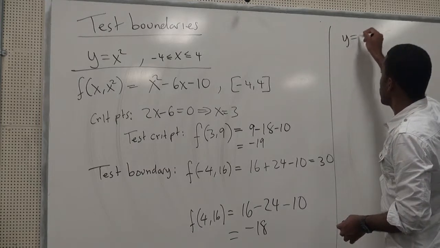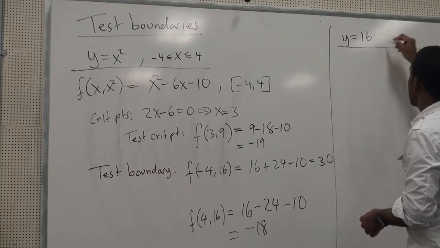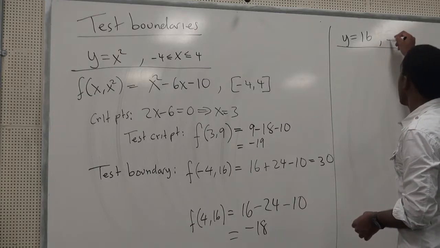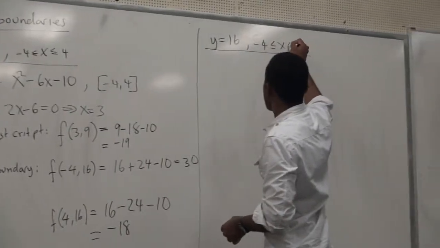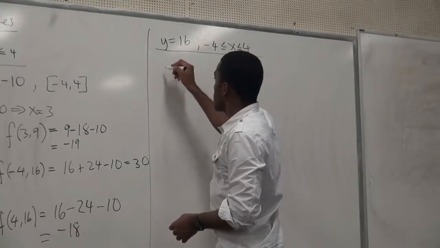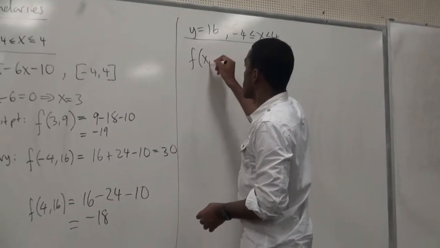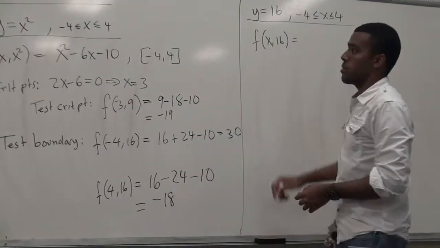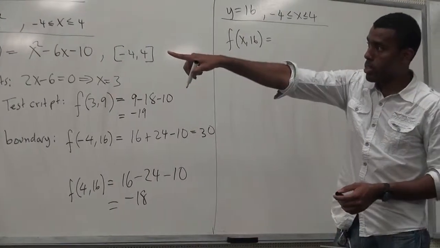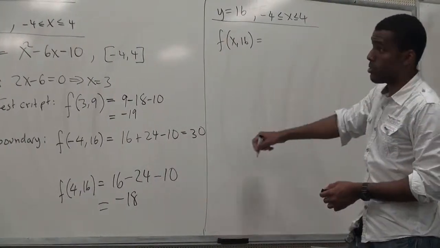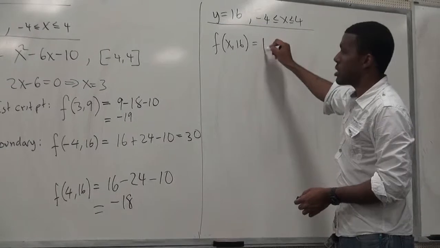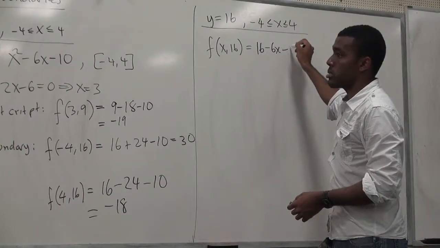Now I test the boundary y equals 16, where again x goes from minus 4 to 4. Now here my function is x comma 16. So I just go to my function over there and I plug in y equals 16. So I would have 16 minus 6x minus 10.